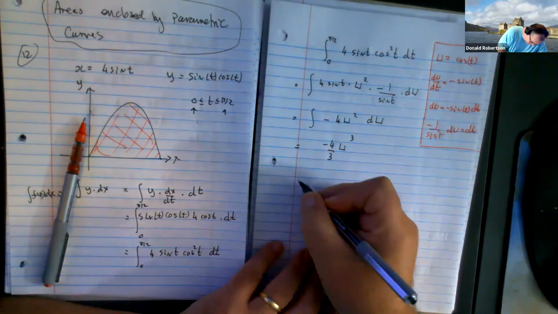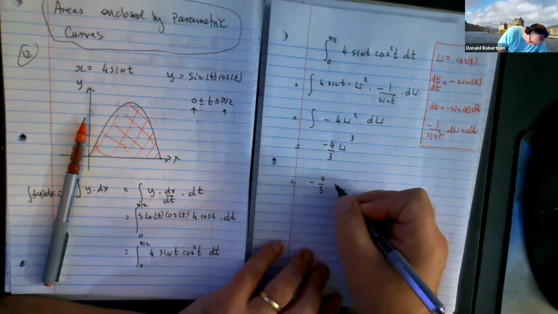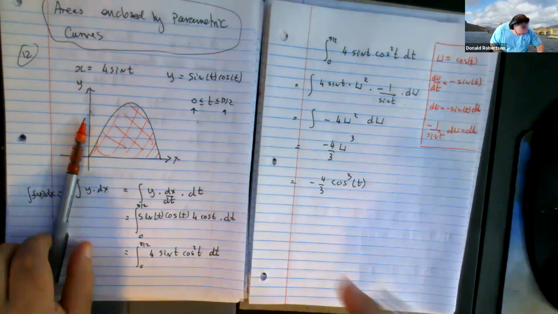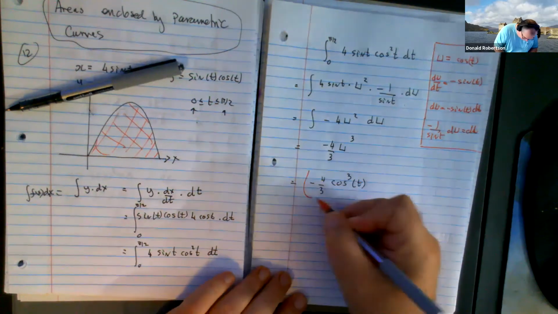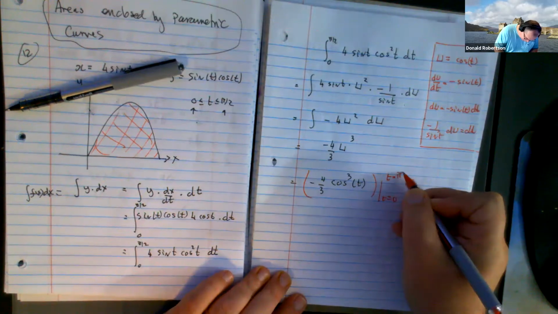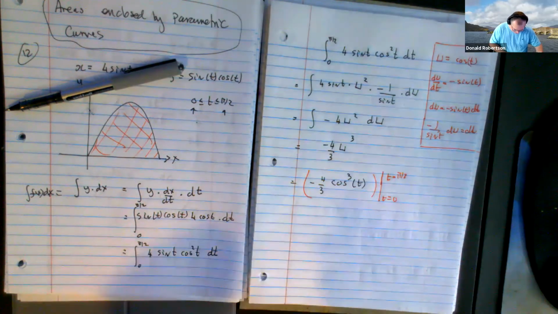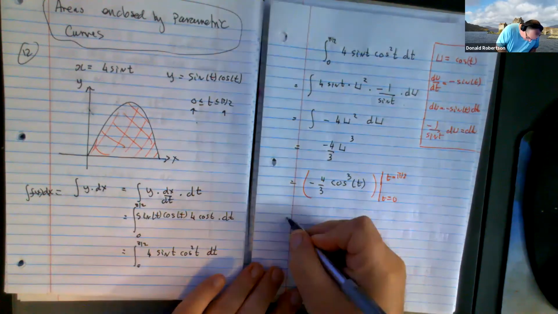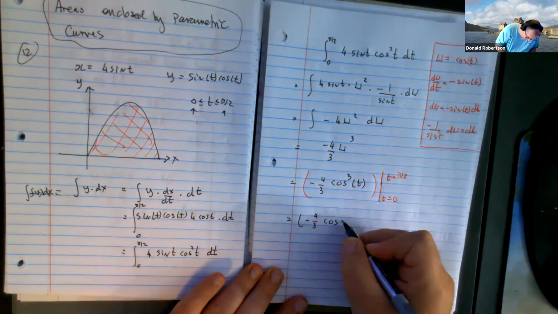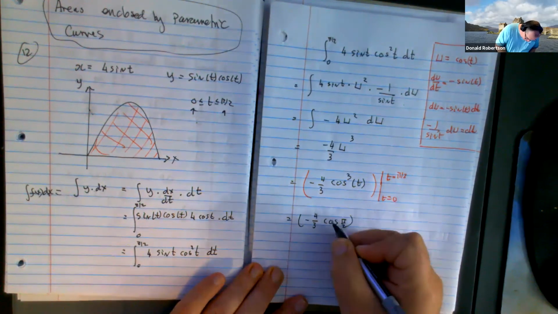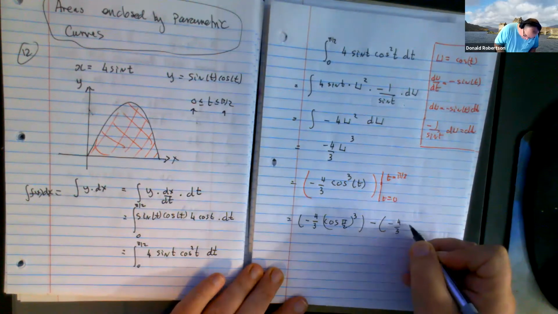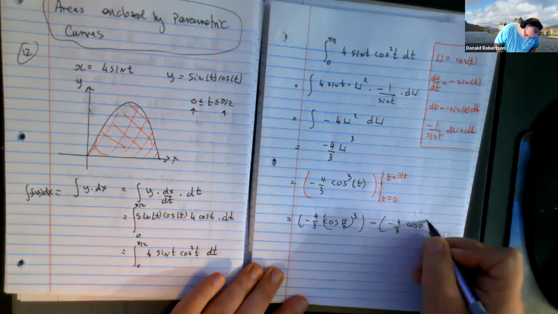I will then return it back to the cosines. And at this point, I'll do the t equals 0 to t equals pi upon 2. So this will be negative 4/3 the cosine of pi upon 2 cubed, take away negative 4/3 the cosine of 0 cubed.